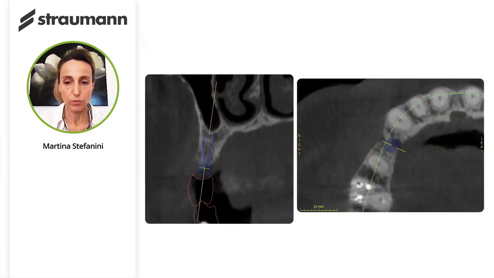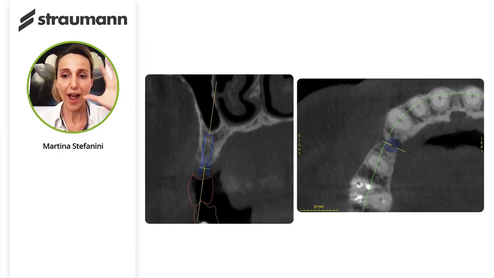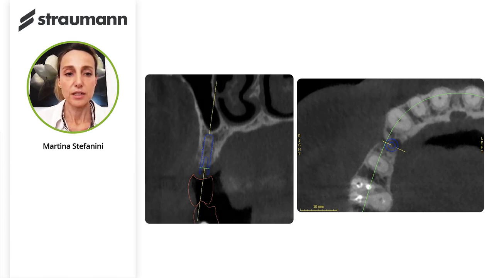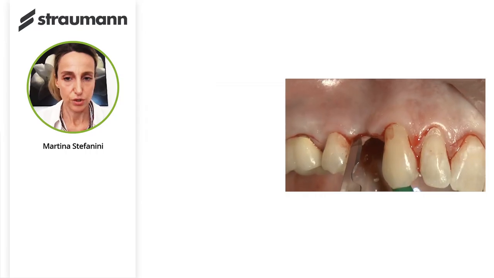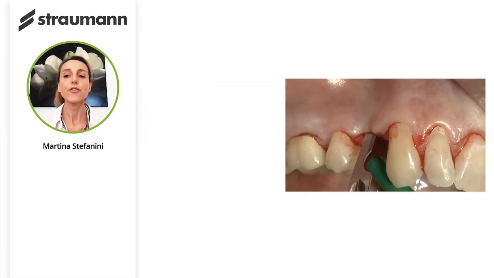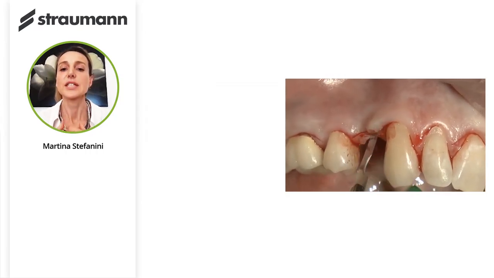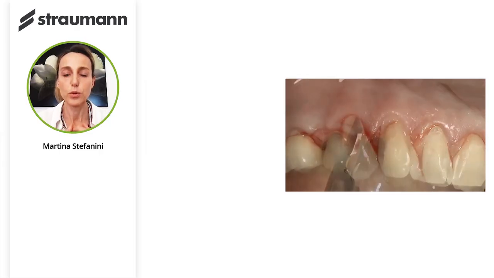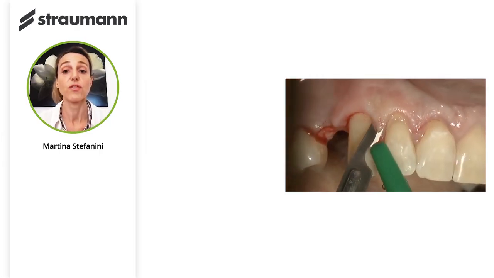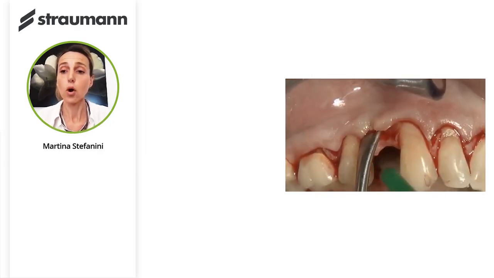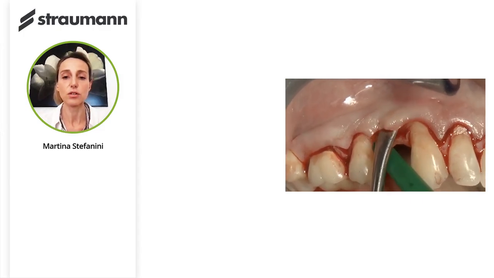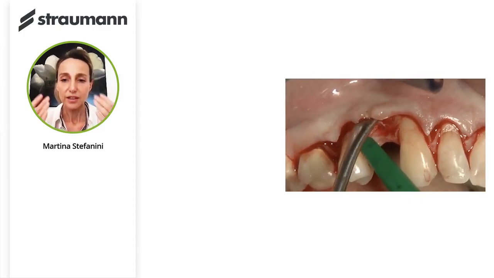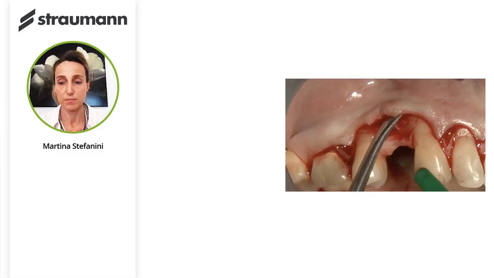Implant placement should be performed in a guided way in order to plan the right position of the implant and of the implant restoration. And then we elevate a flap with the same flap design that we use when we treat multiple adjacent gingival recession, meaning oblique interdental incision directed toward the edentulous area in this case.